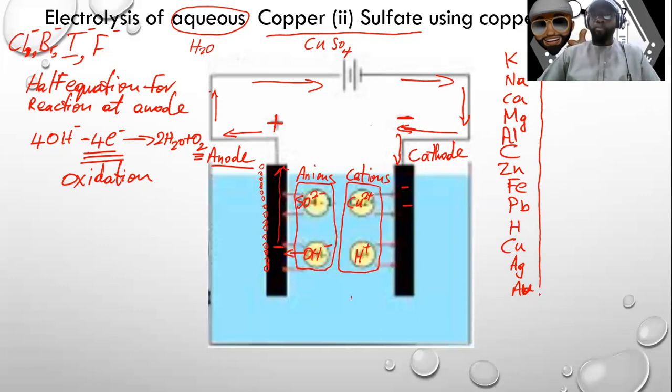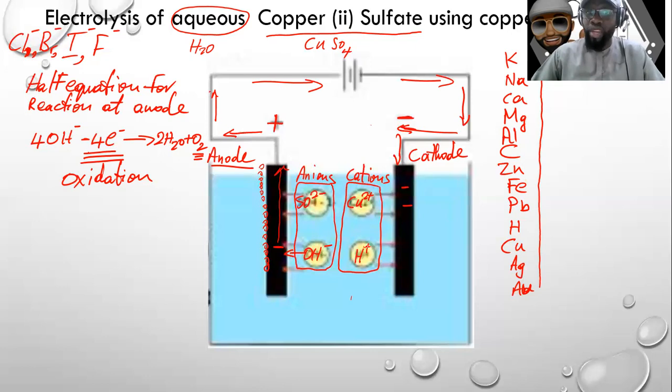Now according to the rule for the product at the cathode, the most reactive will stay in the solution, the most reactive element, because we've got two elements here that are not metals, carbon and hydrogen.